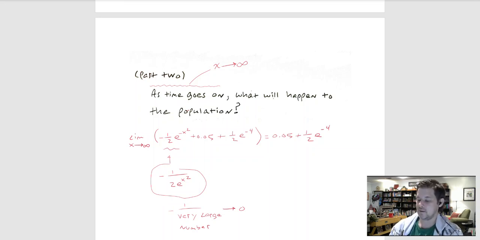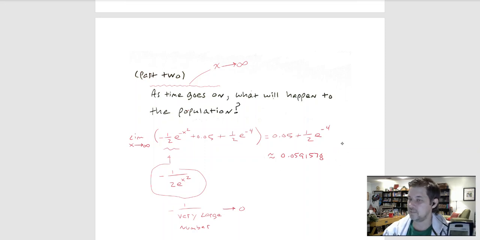Okay, now I haven't calculated what that is, so I'm going to do that real quick. So 0.05 plus 1 over 2 e to the 4. Okay, so that turned out to be about, with some rounding, let's say 0.0591578 or so. Okay, so that's my long run population.